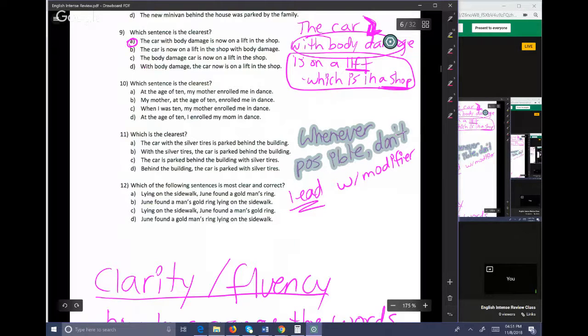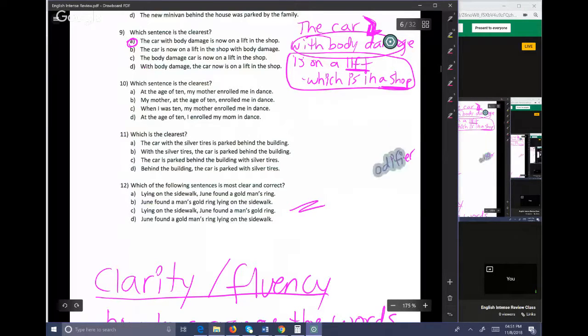There's ones that are horribly, terribly wrong and they're so awkward you could cringe. And then there's ones that are not as wrong. They're still not great, but they're not just a complete train wreck like some of the others. In this case, D is not a complete train wreck, but it is awkward, so A is better. B and C have specifically modifiers parked so incorrectly that they are modifying the wrong thing.